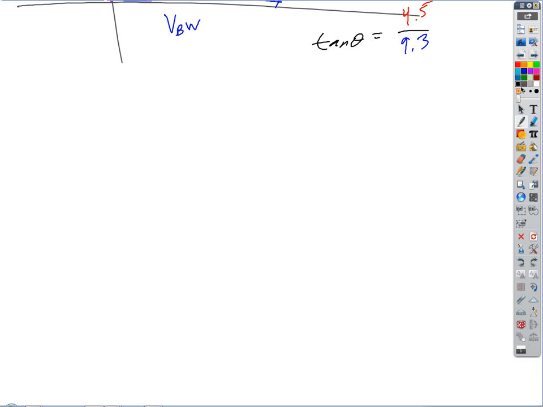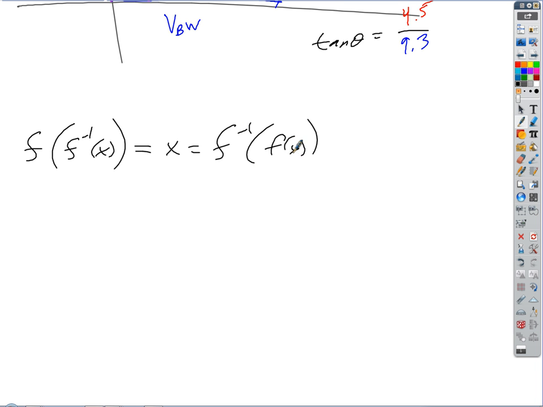If f of x is the function, its inverse is f inverse, and f inverse of x equals x. Also f inverse of f of x must equal x. They have to undo each other. What's the inverse function of tangent? It's inverse tangent, or arctangent.